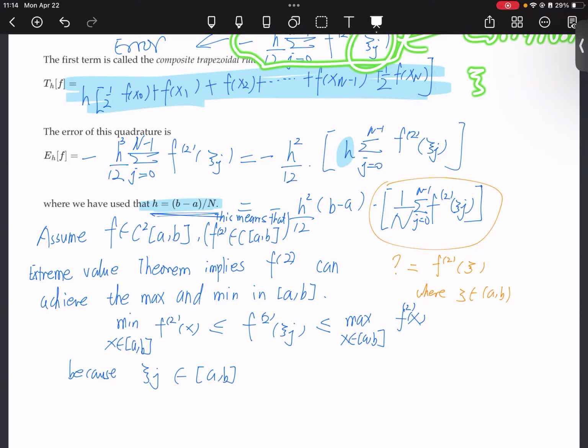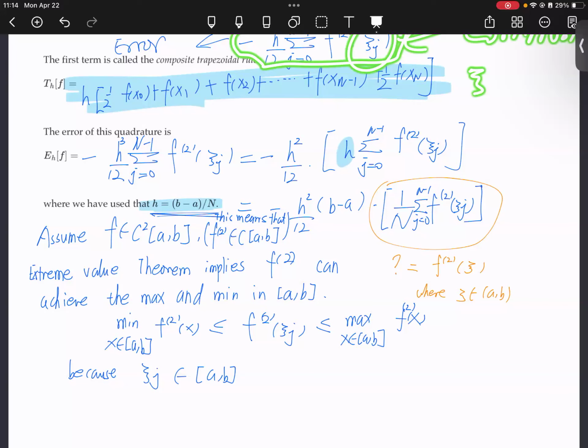And so here we have b minus a, and then I put the 1 over n here. This is something similar to high school: we have n items, divided by n, and that's the average value of these n items.